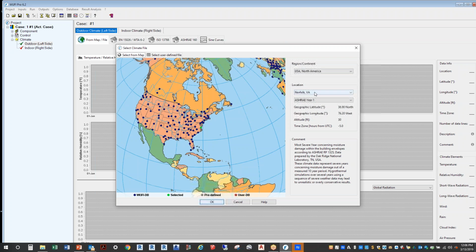So it selects North America, Norfolk, and ASHRAE year 1. I'm not sure what the differences are in these years. I've never actually even looked at that, so I can't answer that right now. But the default is year 1.